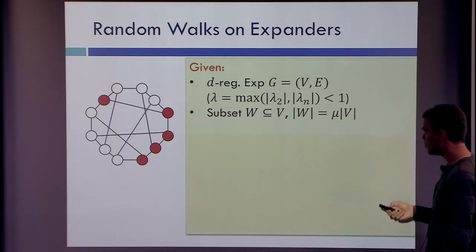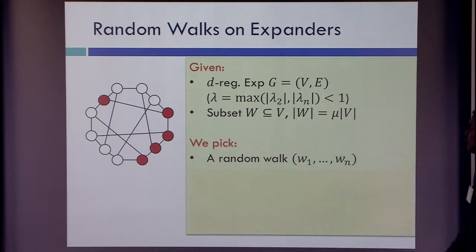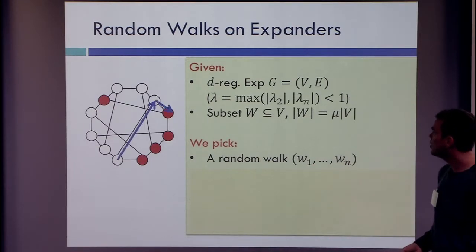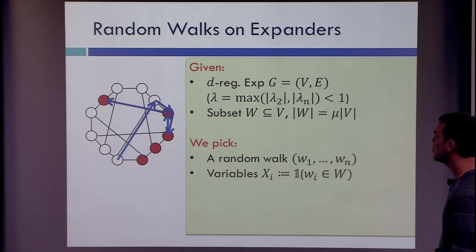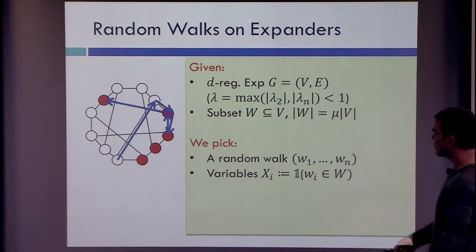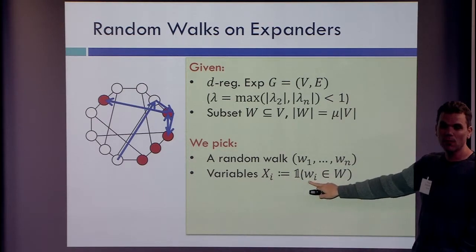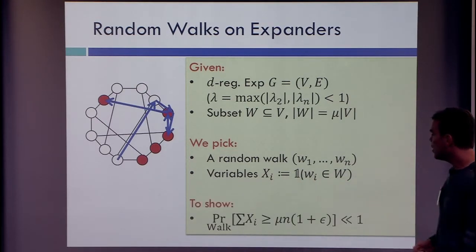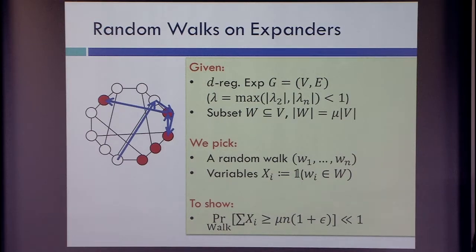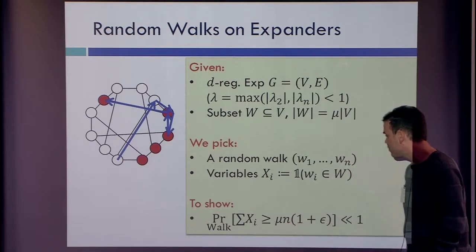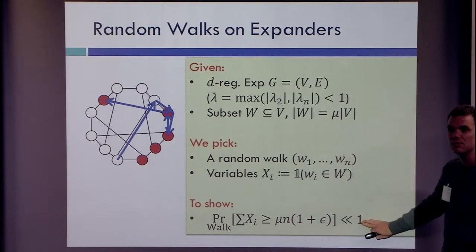And what we're going to do is pick a random walk, W1 to Wn, like this. We walk through the graph at random, and we set variables xi to be indicators of whether the i-th vertex is in the set W. And what we're going to show is that the probability that the sum over the xi of the walk is at least mu n times 1 plus epsilon is much smaller than 1.